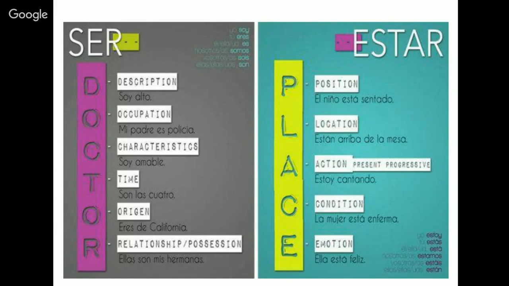I will always be tall, so that is why we use ser. Then we have occupation. For example, mi padre es policía, which means my father is a policeman. Later we have characteristics. Soy amable. I am kind.